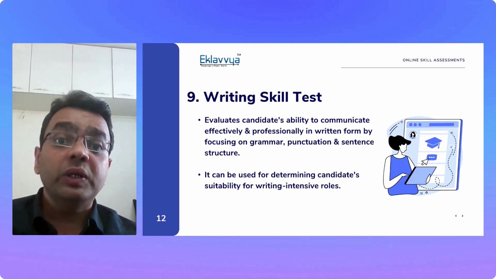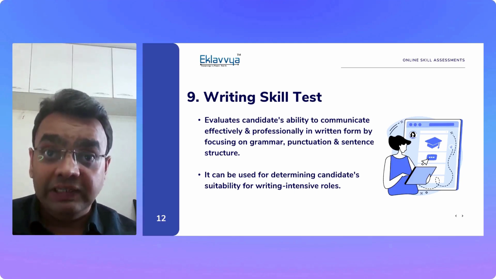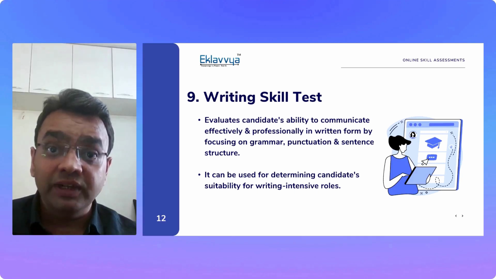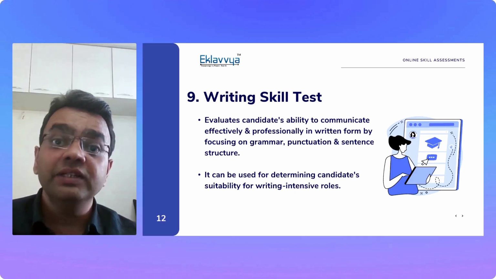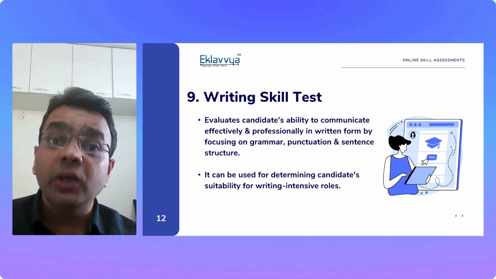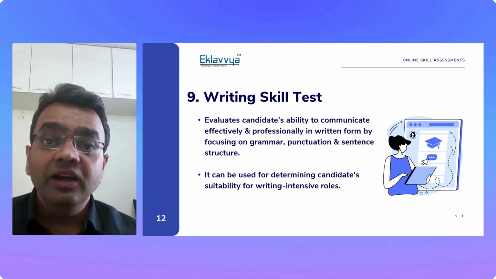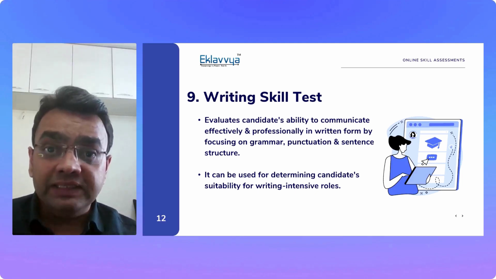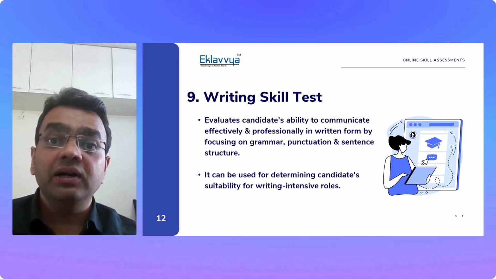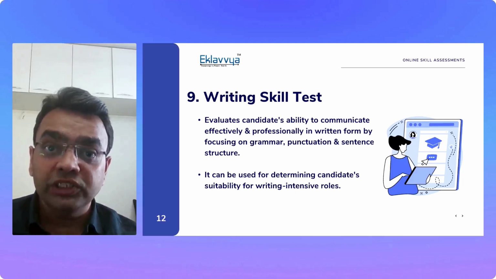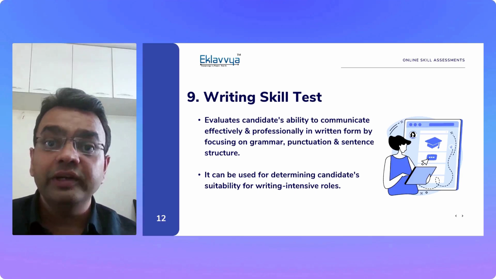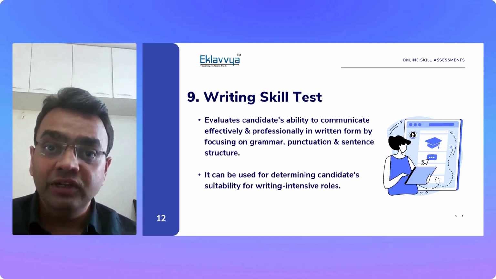If you would like to evaluate a candidate's ability to write proper, grammatically correct, error free English, you can easily use an online writing skill assessment, where the candidate needs to type a theoretical answer to the question shown on the screen, and it can be evaluated either by an AI algorithm or manually by an examiner.